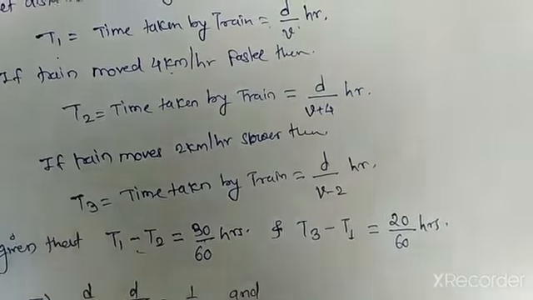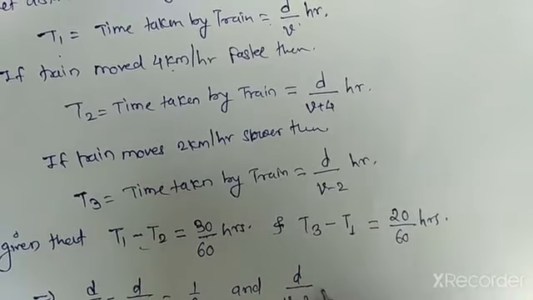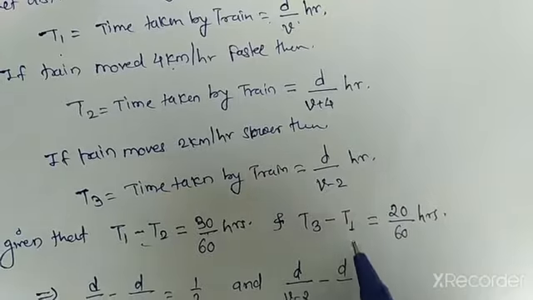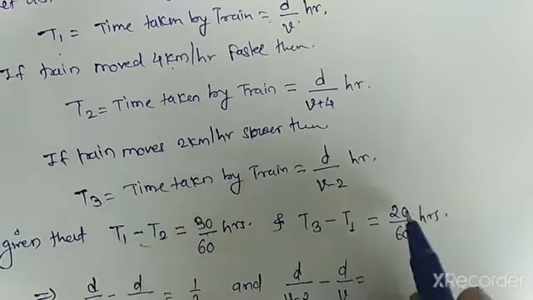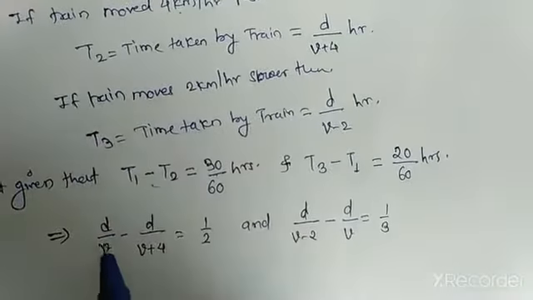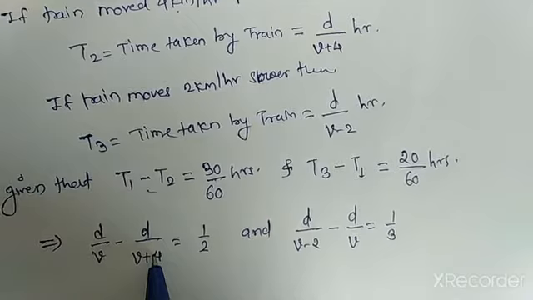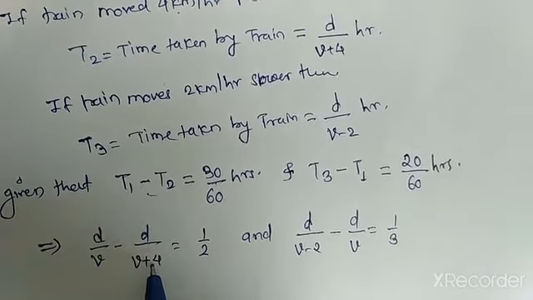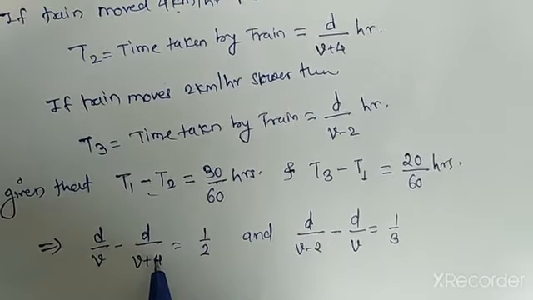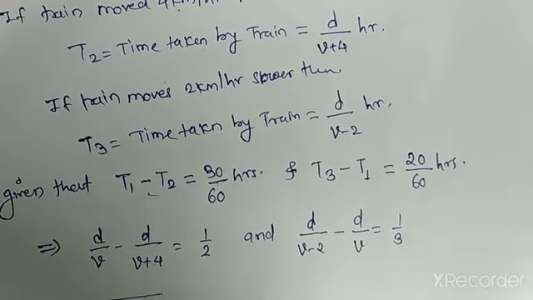And here t3 is d upon v minus 2 minus t1 is d upon v is equal to 1/3. Okay, so after simplifying this, now here its LCM will be v upon v plus 4.